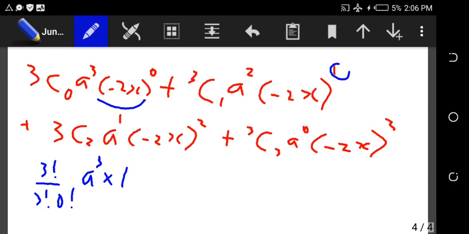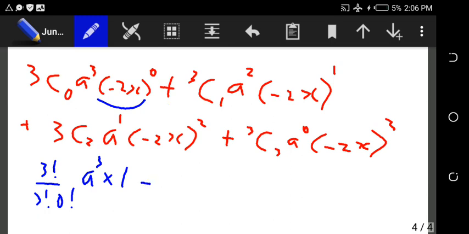Now looking at the power of this here, the power of our minus 2x is an odd number. That means the minus here will not be cancelled out, and minus here times the plus here will give us a minus. So the next sign is going to be a minus.